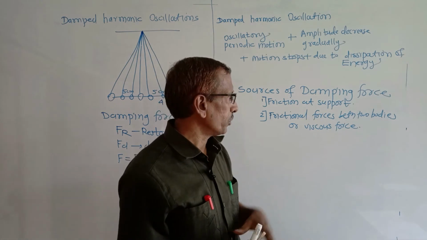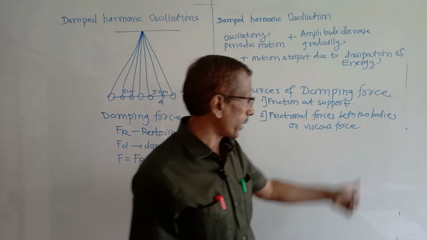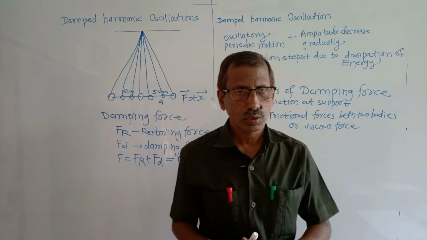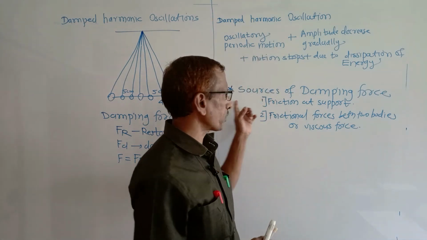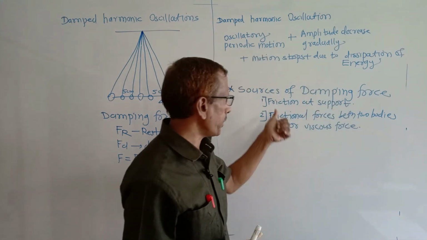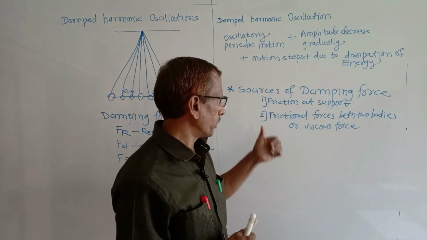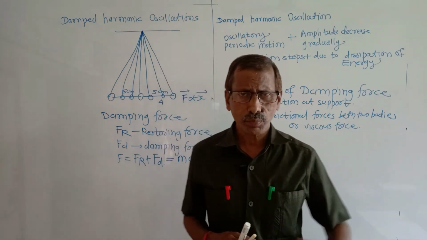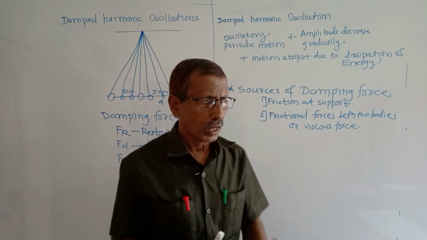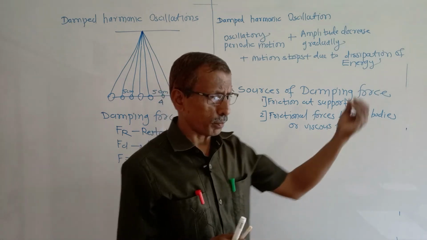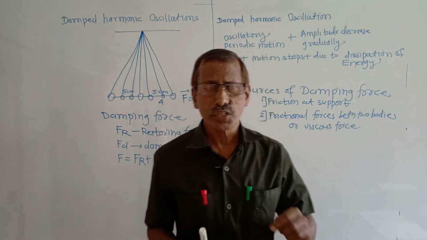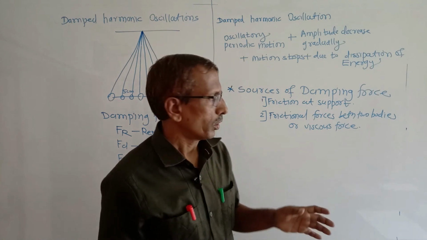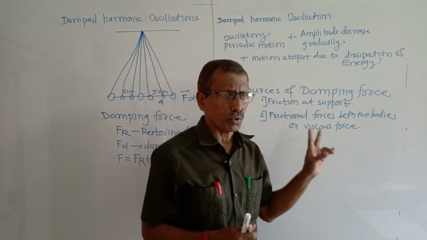At that time the opposing force is called viscous force. So there are two sources for damping force. One is friction at the support. The second is frictional forces between two solid bodies, or when the body is moving in a fluid, it is called viscous force. Due to this opposing force, amplitude goes on decreasing.